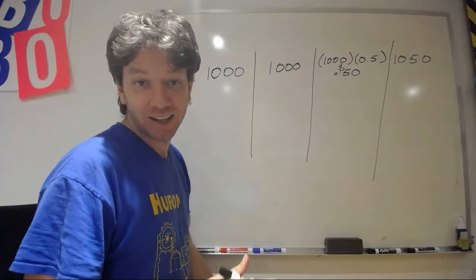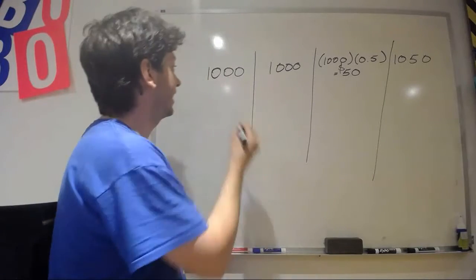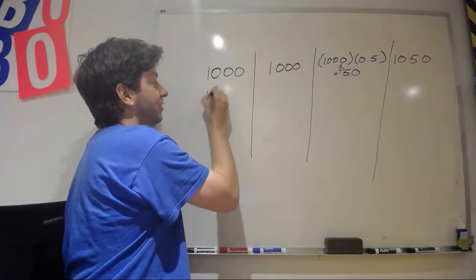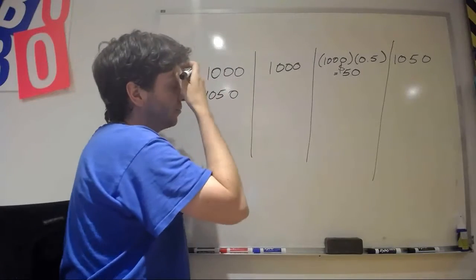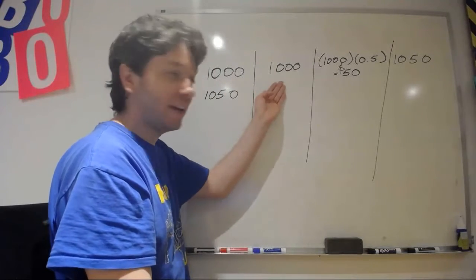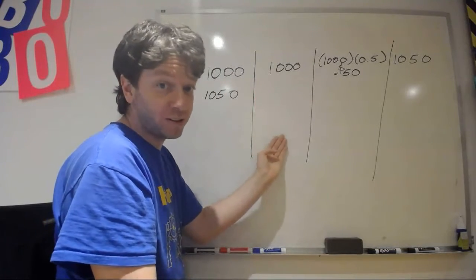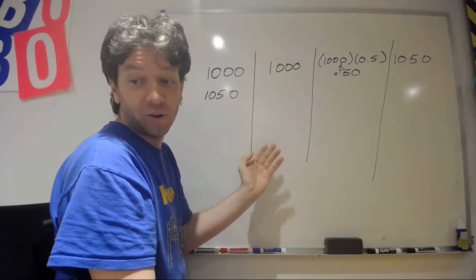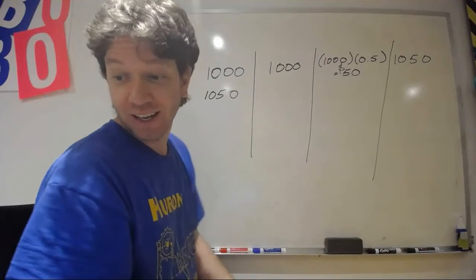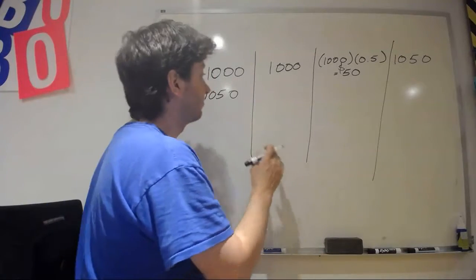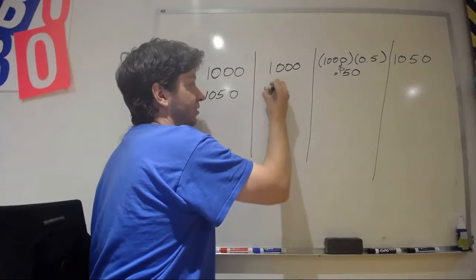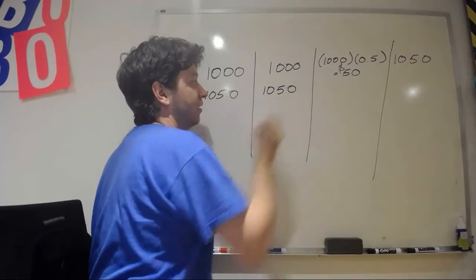But now here's where things change. So now we have $1,050. Now, if it were simple interest, we would continue calculating the interest based on what our starting balance was. But now we're not. Now we're going to calculate interest for what we have currently in the bank.